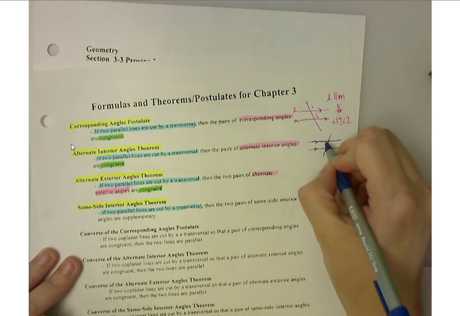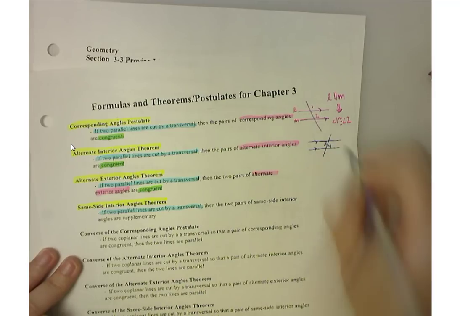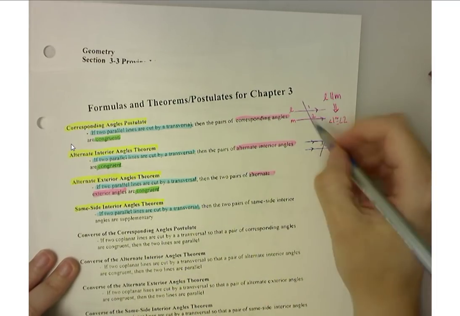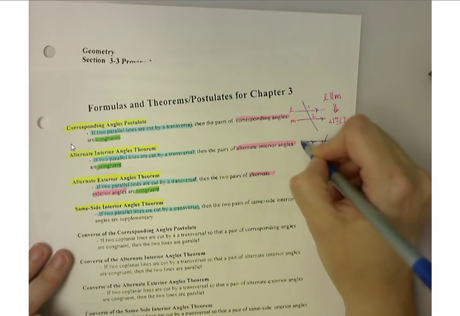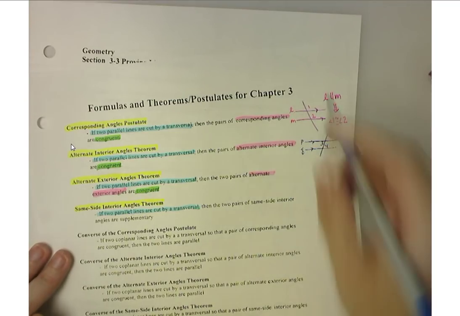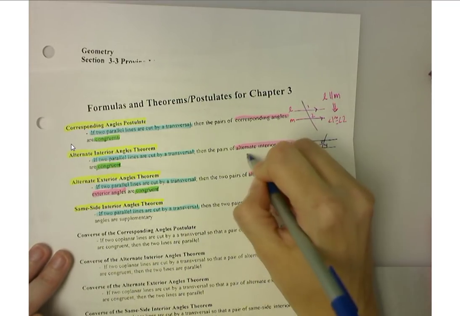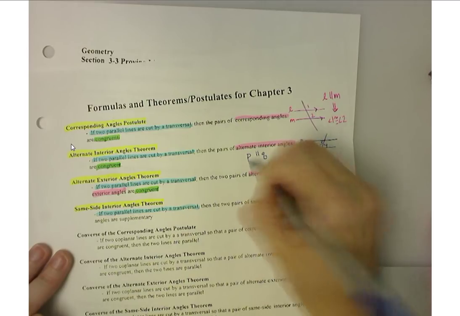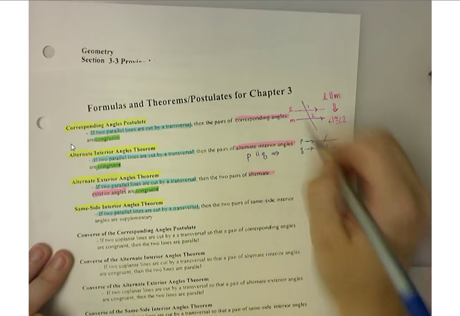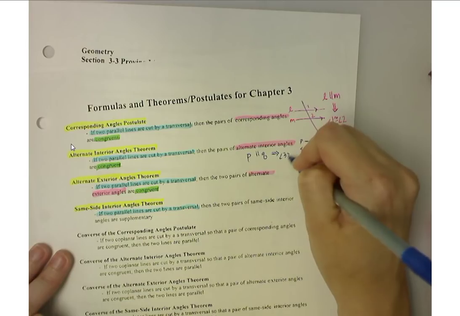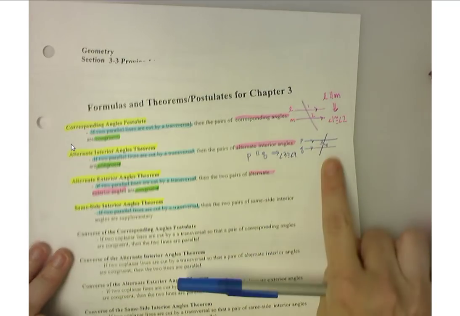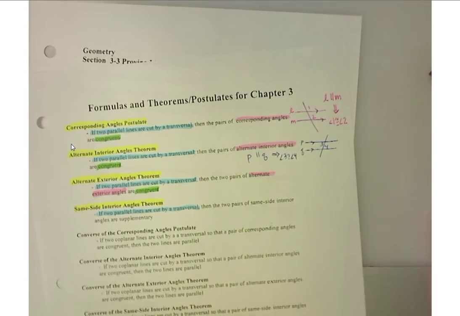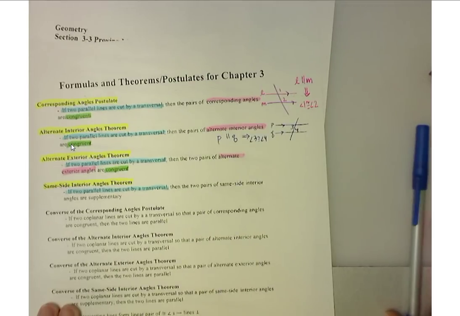So for alternate interior, I could put 3 and 4 here. I can call my lines P and Q. It's because P is parallel to Q that leads me to say angle 3 is congruent to angle 4.